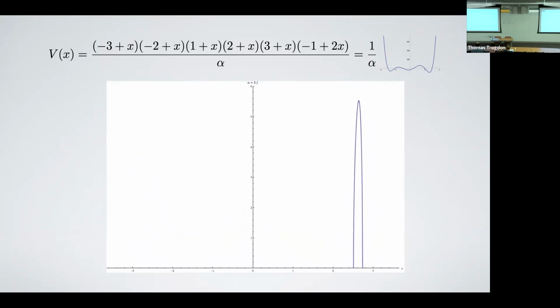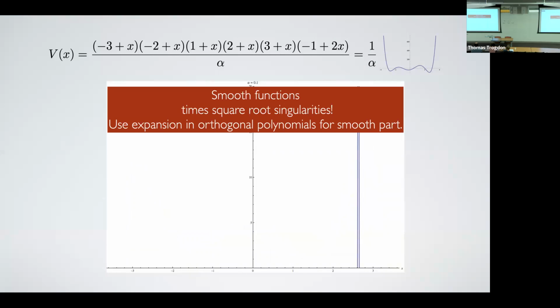So our measures are not very complicated. There's something smooth times square root singularities times the Chebyshev weight. This gives us the idea to represent the measure as a smooth function times something with square root singularities. Then the question is what's the support of the measure, as well as how do we compute the measure.